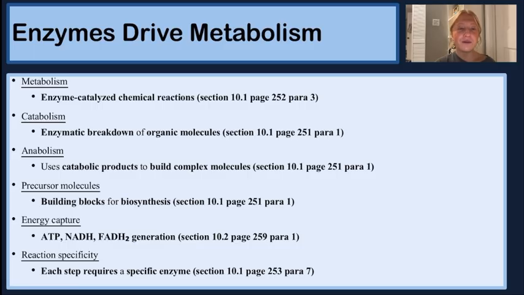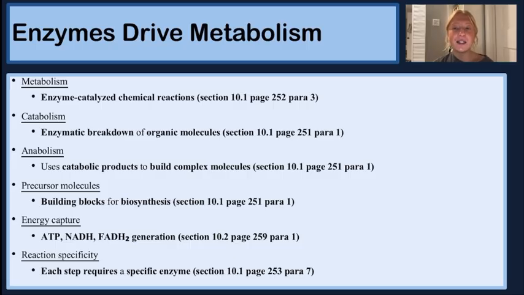So we talked about metabolism, catabolism, and anabolism a little bit before, but just to refresh, metabolism is the collection of chemical reactions that are made possible through the action of enzymes. In the catabolic processes, enzymes break down organic molecules like glucose into smaller precursor molecules that can be reused for biosynthesis and energy.